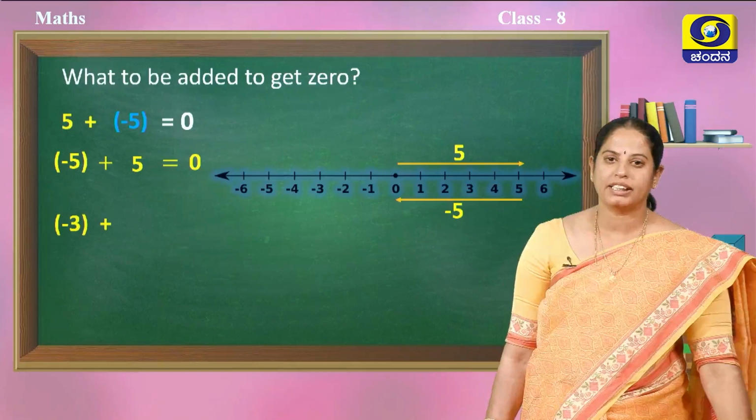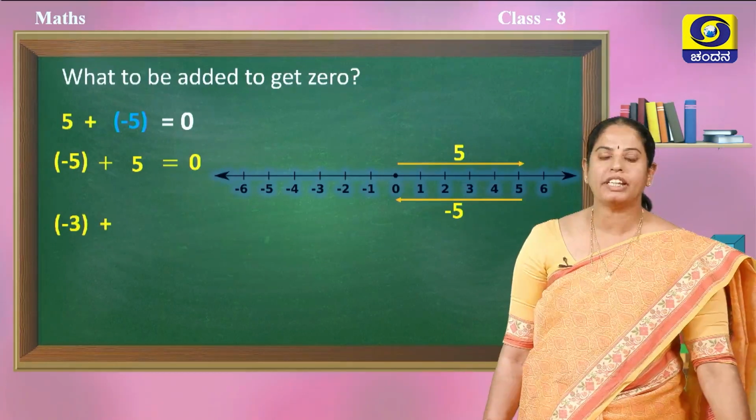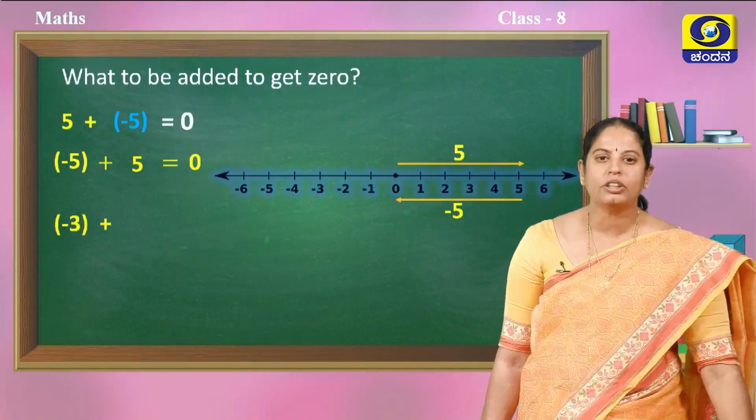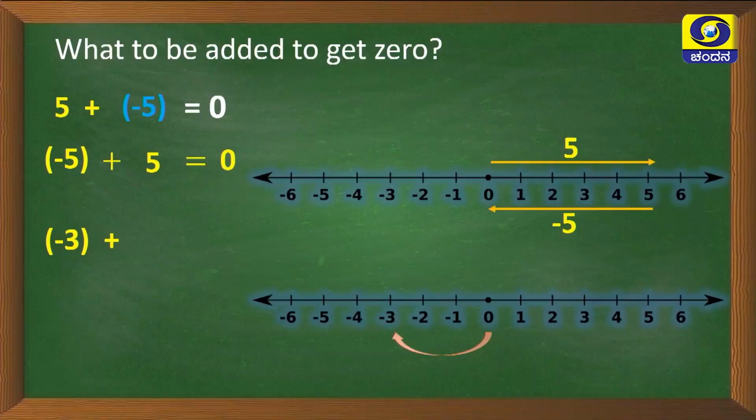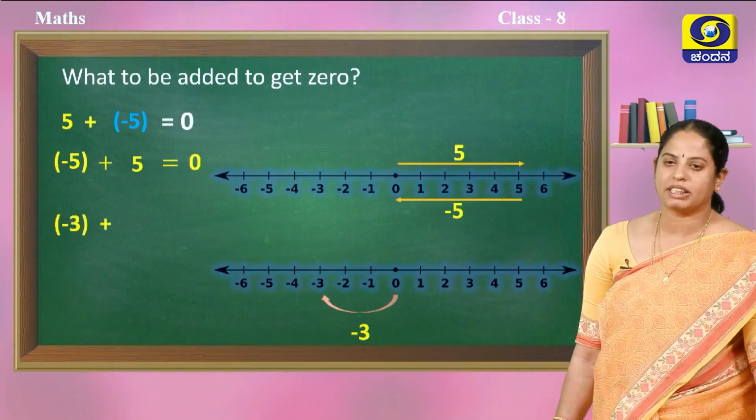Yes, like that. What should be added to minus 3 to make its value 0? Observe, minus 3 means I am going 3 units backward, that means towards the negative direction from 0. Okay. This is the minus 3 position.